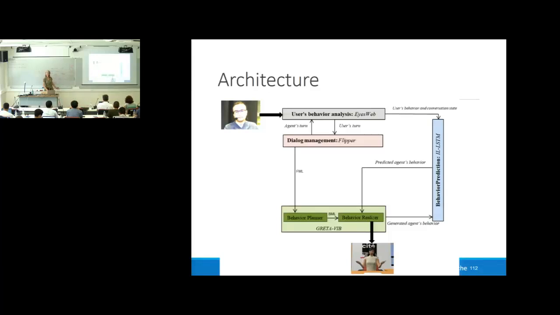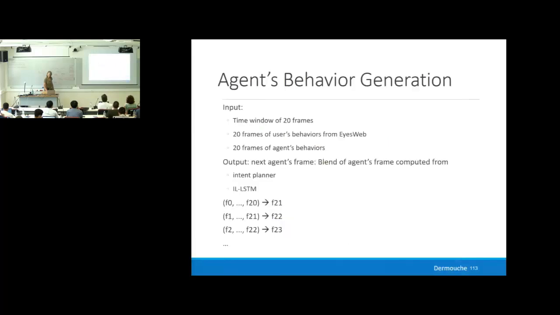Is it okay? Is it clear enough? Okay. So a bit more. As input, we have a time window. We looked at 20 frames. We did several studies, and we found that 20 frames work best. So we have 20 frames from the user's behaviors coming from computational analysis models, 20 frames of the agent behaviors that we computed ahead of time, and the next frames will be a blend of the agent behavior computed from the intent planner and from this predictive model.